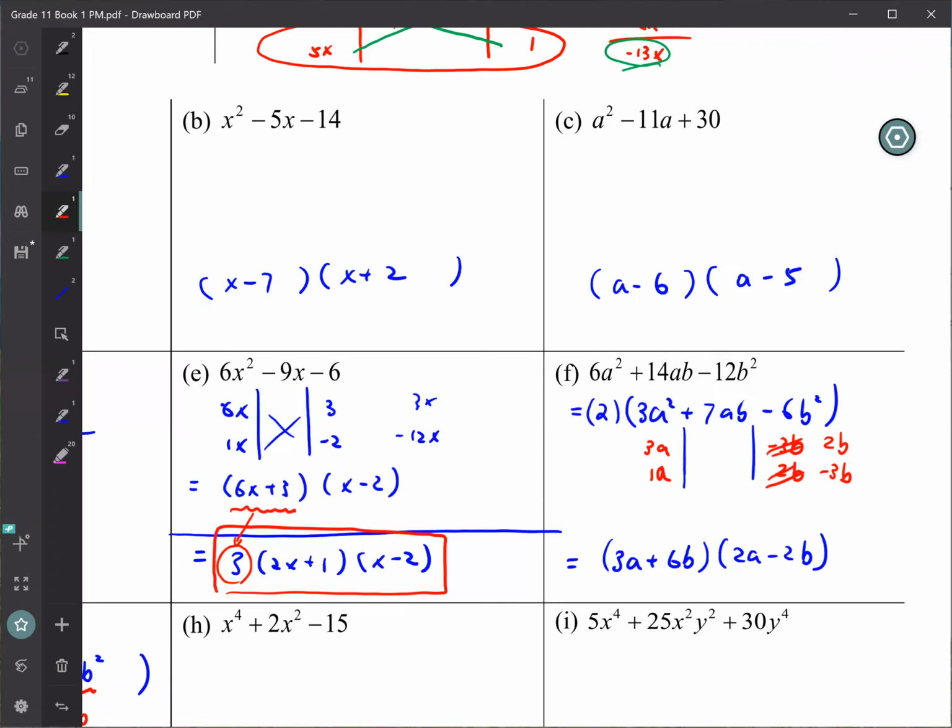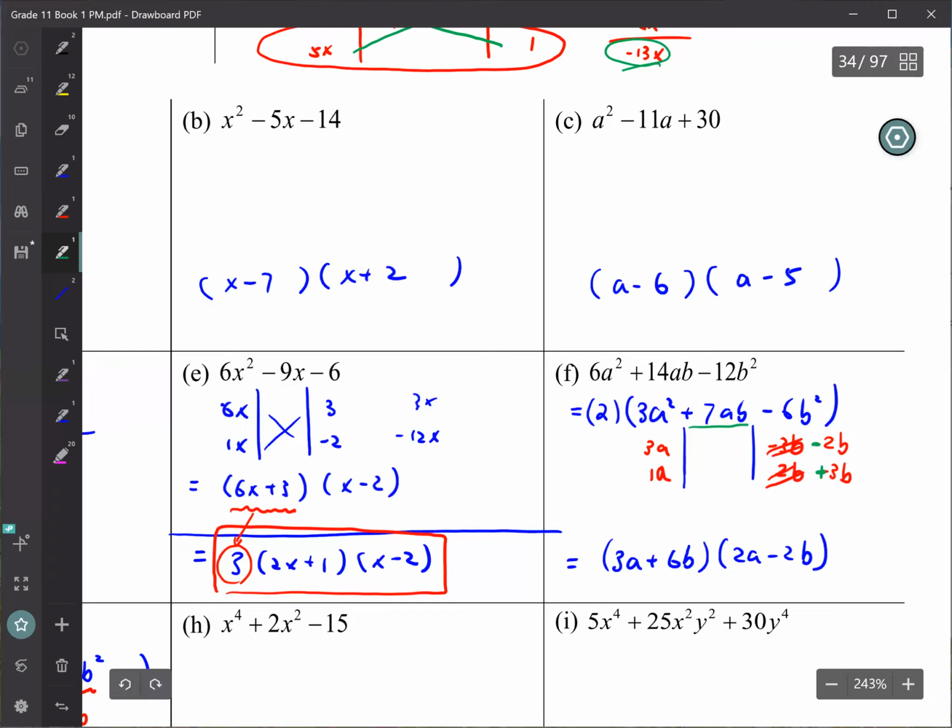We want to get 7ab, right? But right now, if you add it up, what do you get? -7. Okay, so how can I make it become positive 7ab? Just flip the sign so it's -2b. Yeah, very good. If you are really close, you just swap the sign.